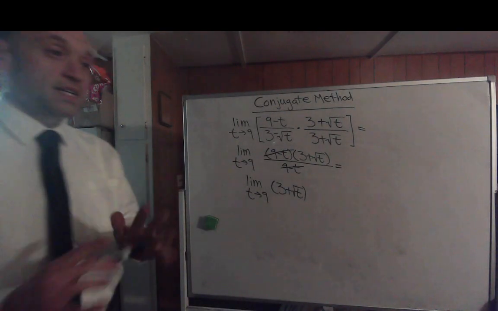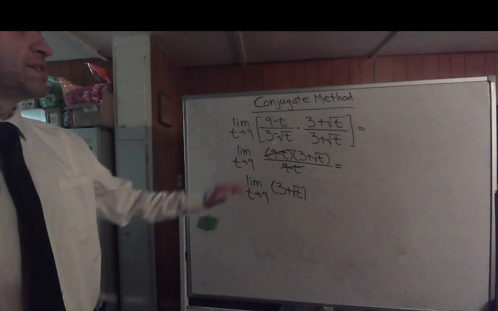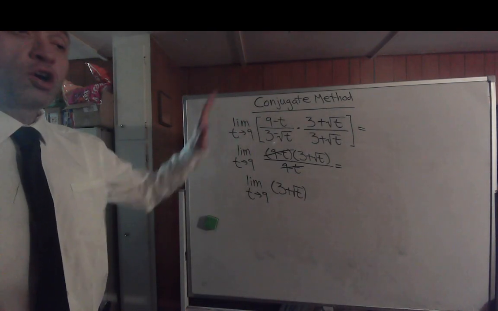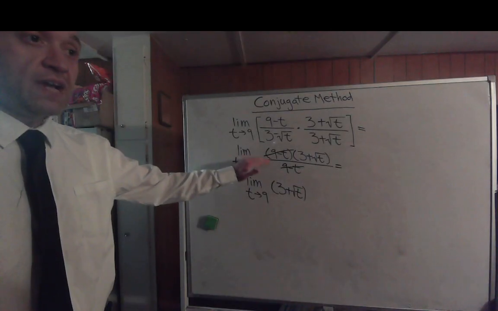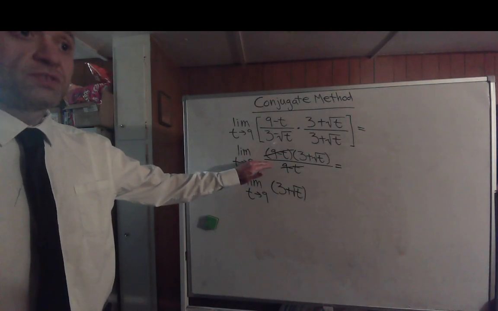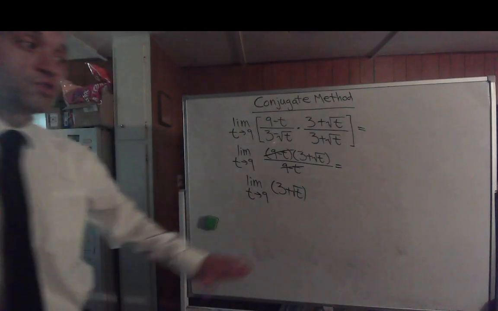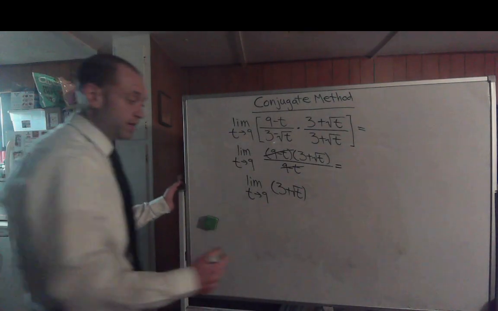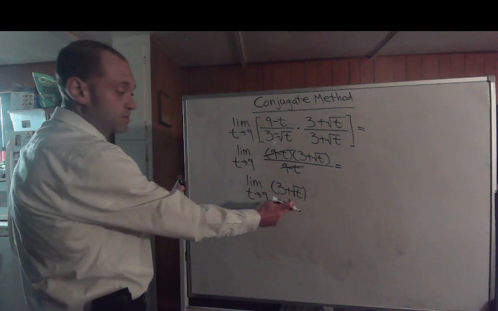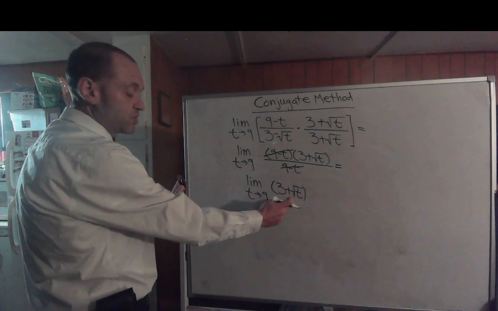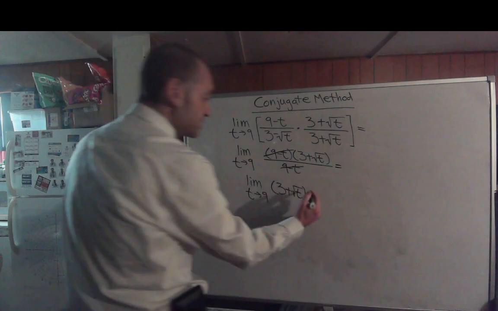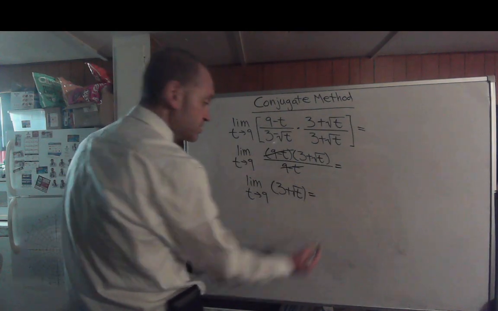So the idea is, if you need to, you'll apply the conjugate method first. The hope is to get it into something you can factor. Once you've factored, then you can use direct substitution. So you're really doing all three in one. The square root function is defined for t equals 9, so we can do direct substitution.